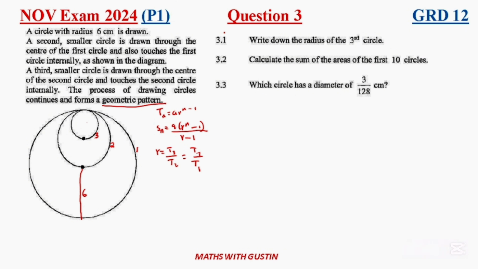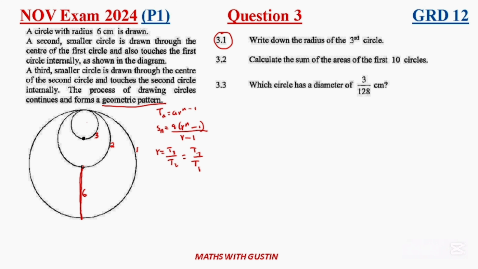So let's go to 3.1. I hope we understood the question, guys. I hope we're together here. 3.1 says write down the radius of the third circle. So now if the first one is 6 centimeters, the question says it's drawn and touches internally.